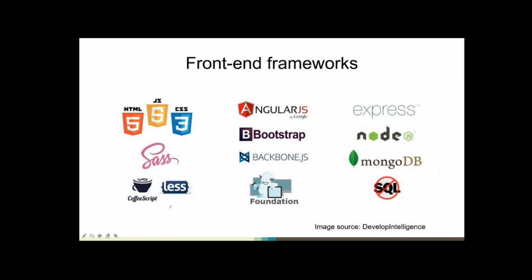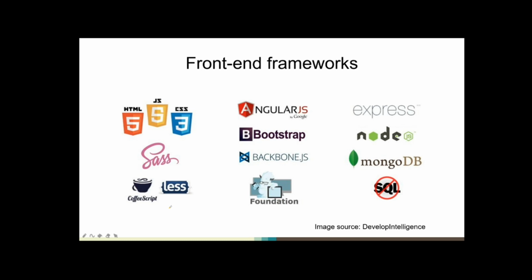So here are some of the front-end frameworks which allow us to automate the overhead associated with common activities performed in web development. So we have Sass, Less, AngularJS, Bootstrap, Backbone.js, Node.js, MongoDB.